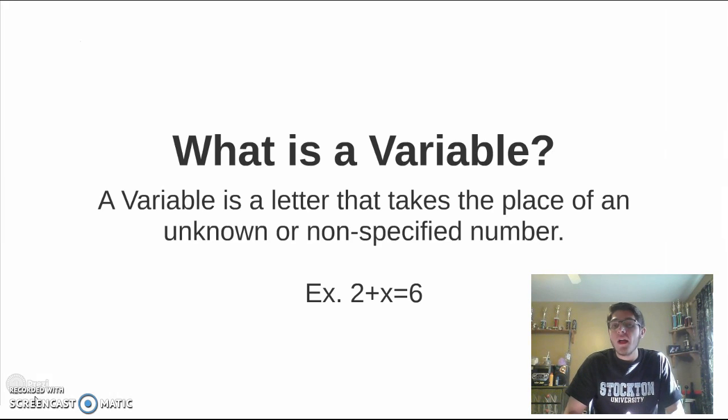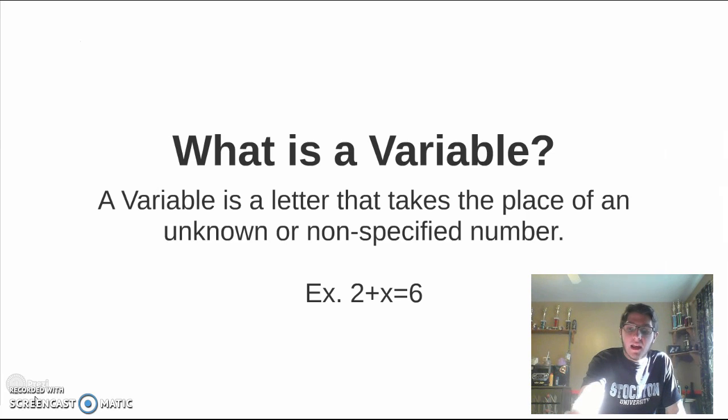Now, that x is a placeholder, because it's essentially a question mark. 2 plus what equals 6 is what that equation is asking. We have to find what x is. So, obviously x would be 4 in that equation. 2 plus 4 equals 6. So the variable can be x, y, z, a, b, whatever letter you want, as long as it's a placeholder for a value that we do not know yet.